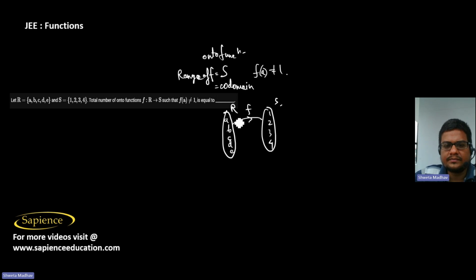So A should not be 1. So A has got 3 options.